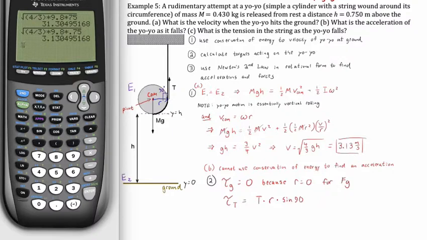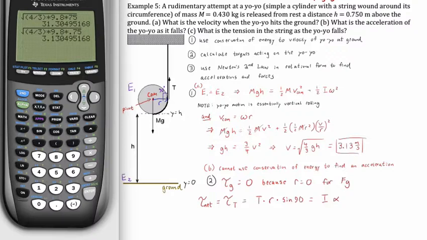Okay? So that single torque is going to create our angular acceleration. So that's going to be equal to I alpha by Newton's second law, because that says tau net is equal to tau sub T, the torque caused by tension. It's the only torque.